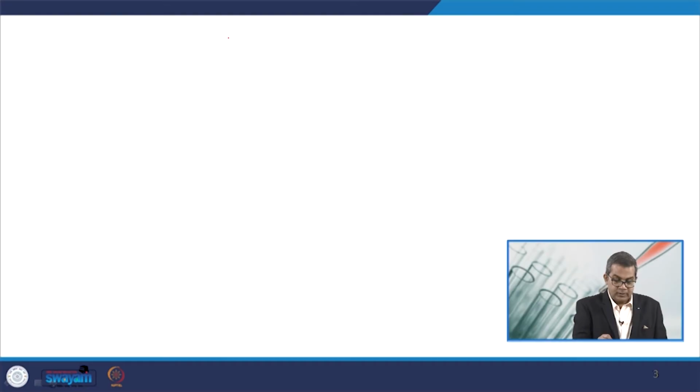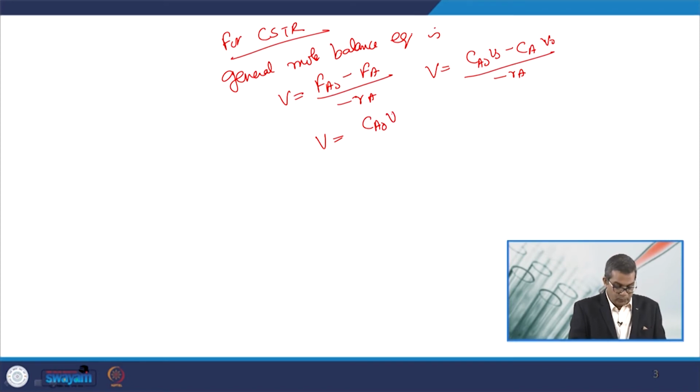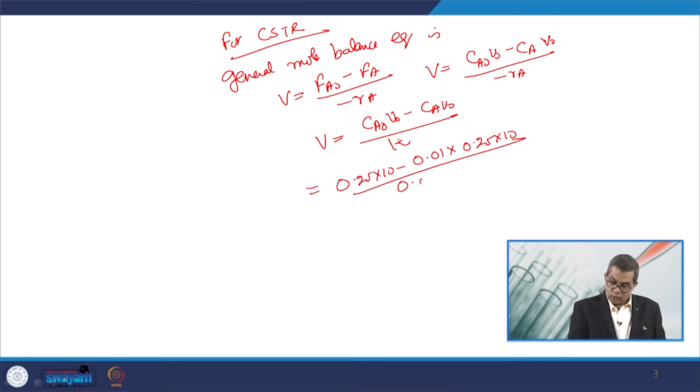Now let's take the CSTR first. The general mole balance equation is V is equal to Fa naught minus Fa upon minus Ra, or V is equal to Ca naught V naught minus Ca V naught upon minus Ra, or it can be represented as V is equal to Ca naught V naught minus Ca V naught upon K, and that is 0.25 into 10 minus 0.01 into 0.25 into 10 upon 0.5.